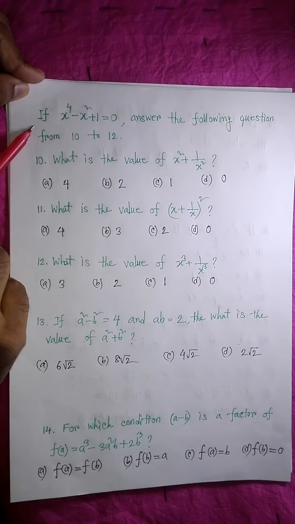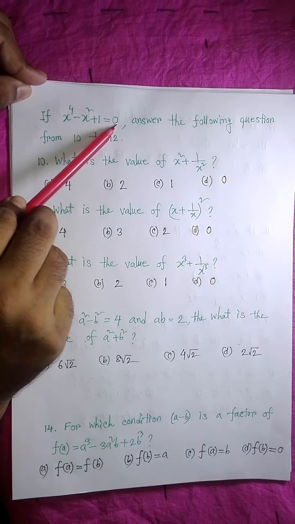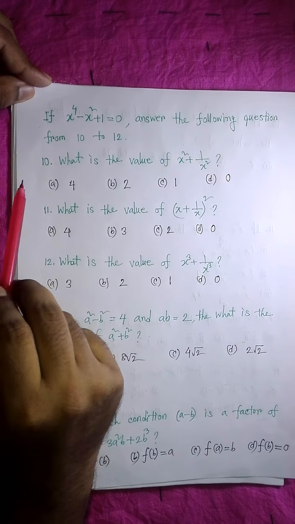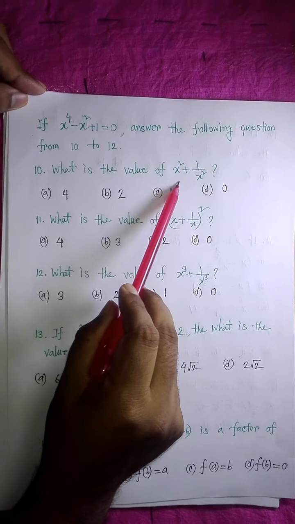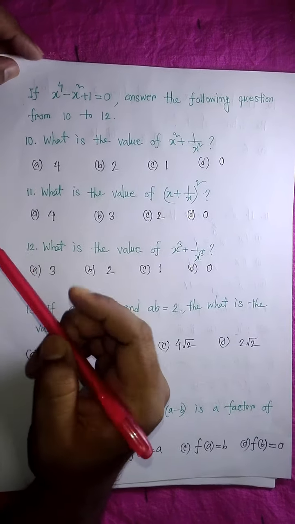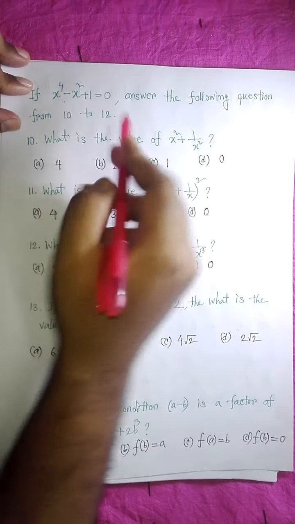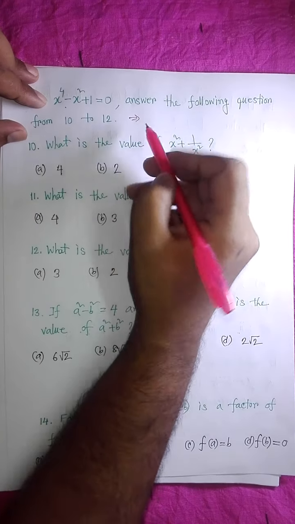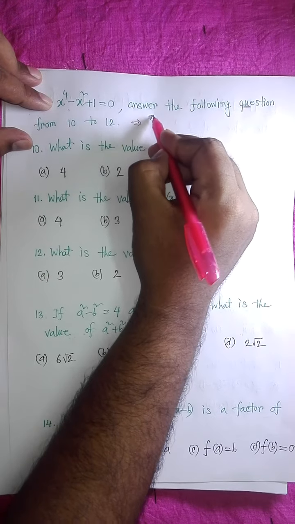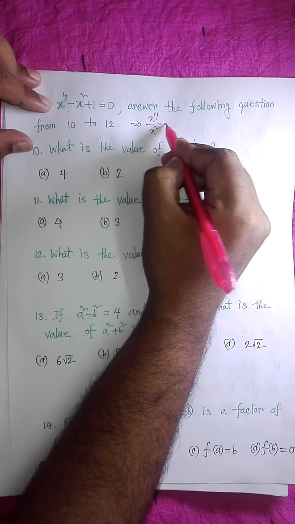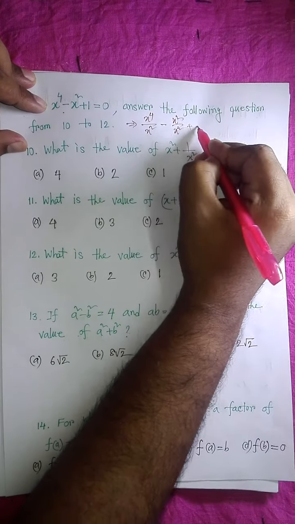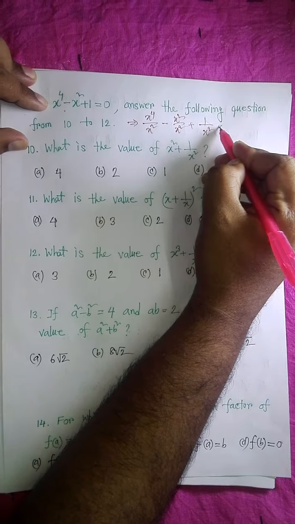Now if this equal to 0, answer the following questions from 10 to 12. So question 10, what is the value of x square plus 1 by x square? From here we can write x to the power 4 by x square minus x square by x square plus 1 by x square equal to 0.